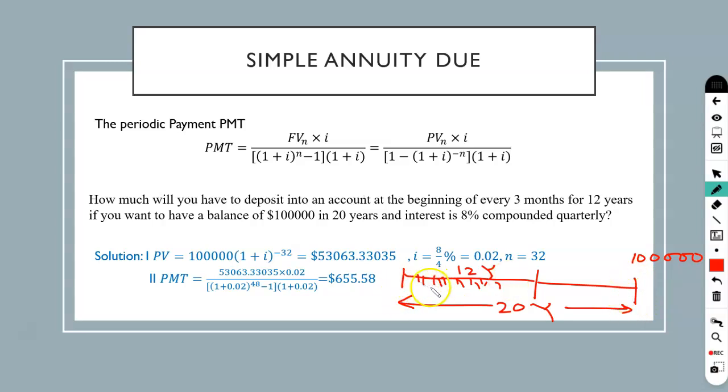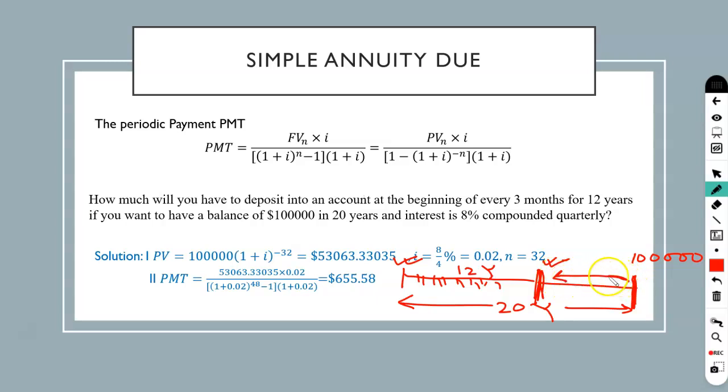Right, and now to find the PMT here, either you have to know the present value or you need to know the future value. But in this case, you don't know anything. You know only the value after 20 years. So you will find out first this value. That is, if you get $100,000 after 20 years, what will be the value at 12 years?